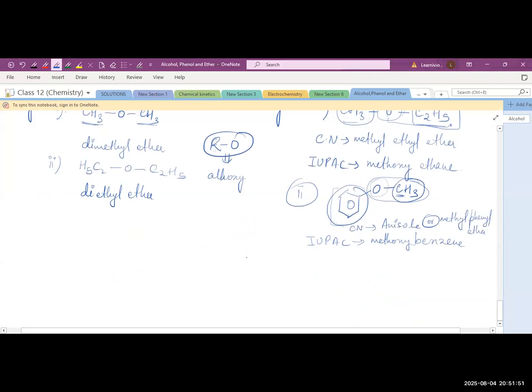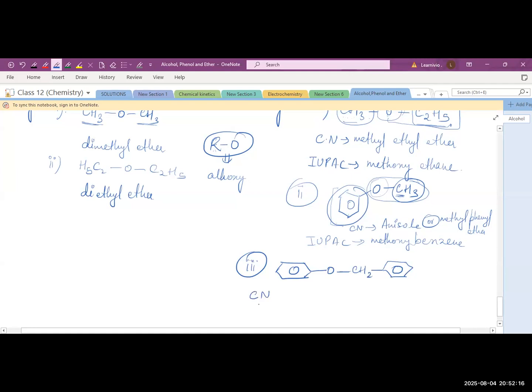So let's take one more example. Suppose there is a benzene ring, and another benzene ring. Now, how can we name this?